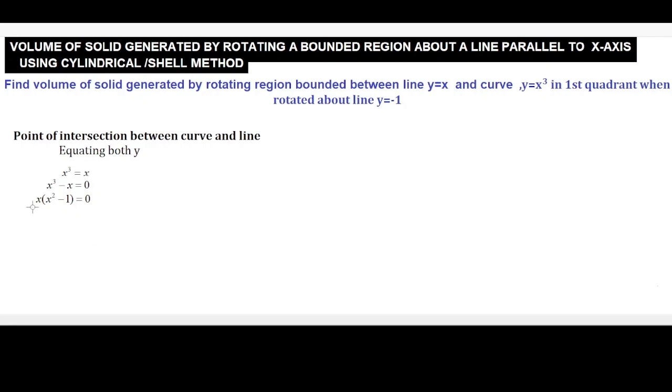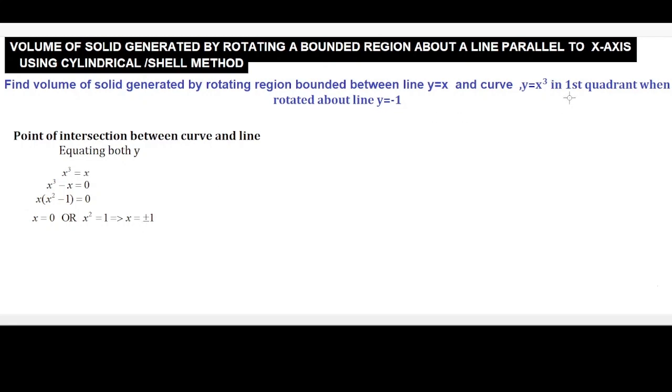Now to find the value of x, we separately equate both factors, x and x square minus 1, to 0. From the first factor, we get x is equal to 0, or from the second factor, x square minus 1 is equal to 0, which gives x square is equal to 1, so the values of x are plus or minus 1.